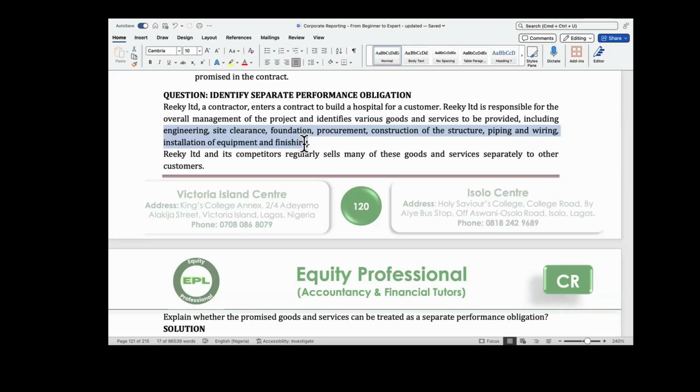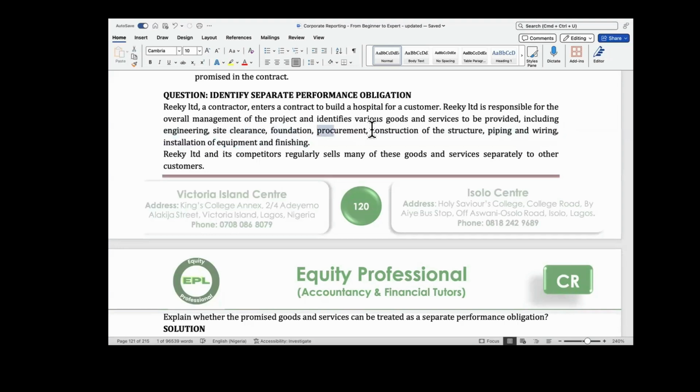And also you cannot determine a distinct profit margin from them because they are not separately identifiable, right? They are not separately identifiable in the sense that they are integrated into one another. They are highly interrelated with one another and they even modify one another. Because you cannot move to site clearance without engineering. You cannot do foundation without site clearance.